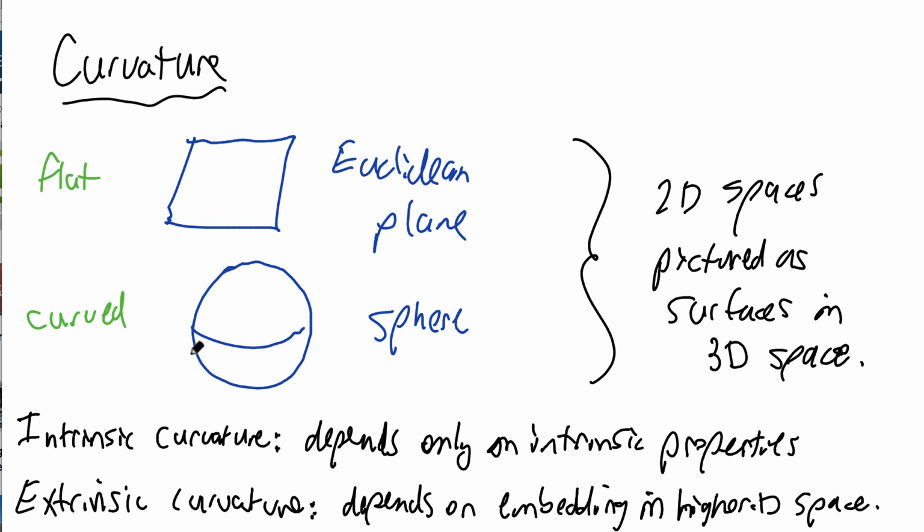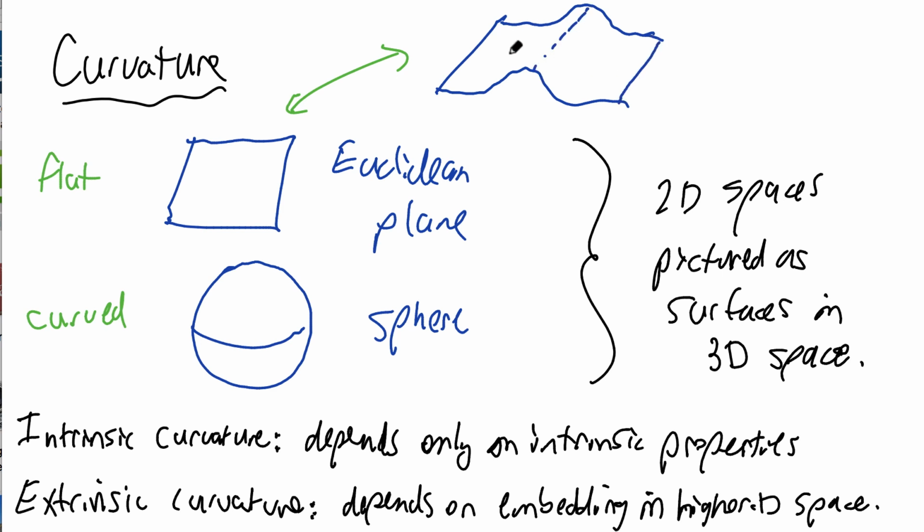So the sphere, for example, is both intrinsically and extrinsically curved. The Euclidean plane, as it's been drawn here, is both intrinsically and extrinsically flat. But we could, if this is, say, a piece of paper, take this piece of paper and put a little bump in it. And now the piece of paper is still intrinsically flat.